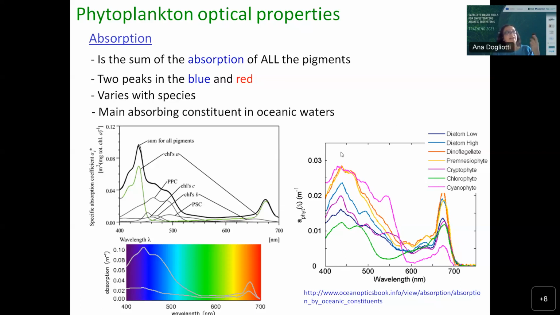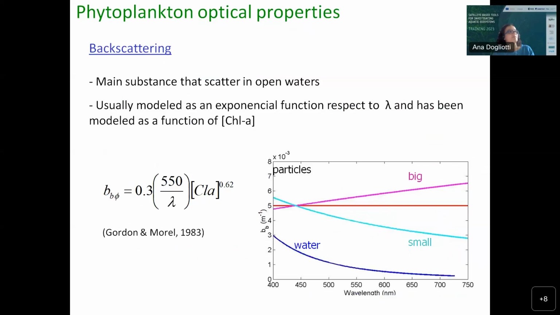In general, it is the main absorbing constituent in the more open ocean, or what we call oceanic waters, while in the more coastal areas, usually you have other constituents like sediments that also contribute to the total absorption.